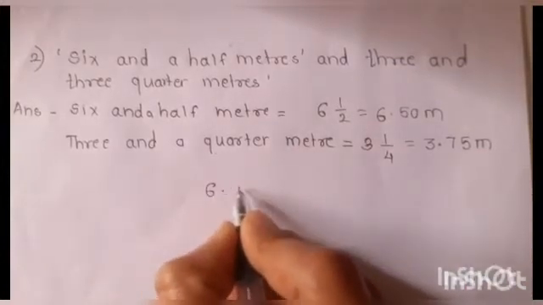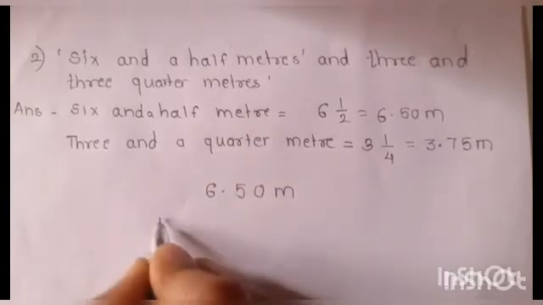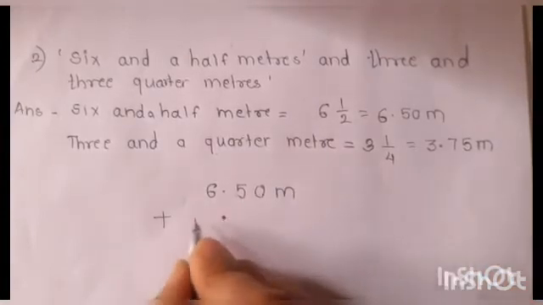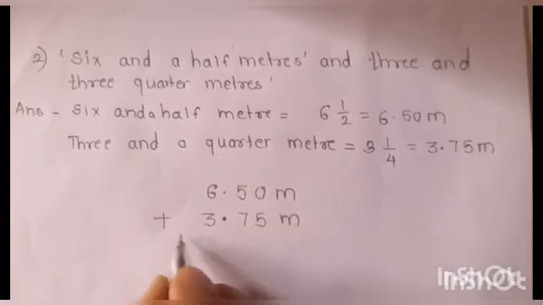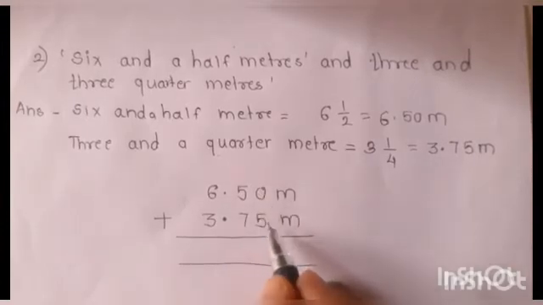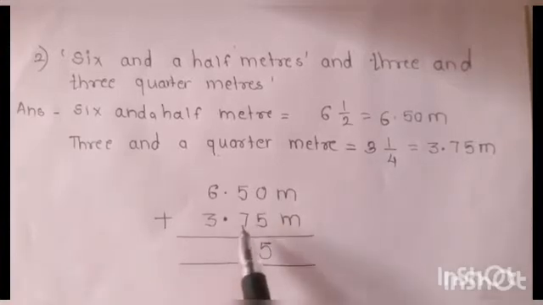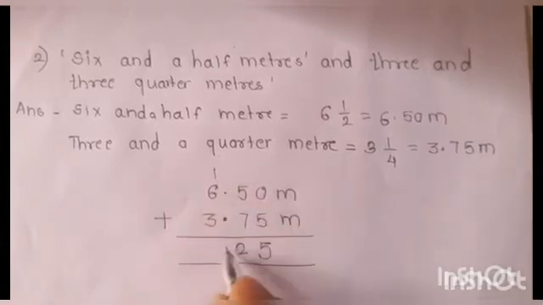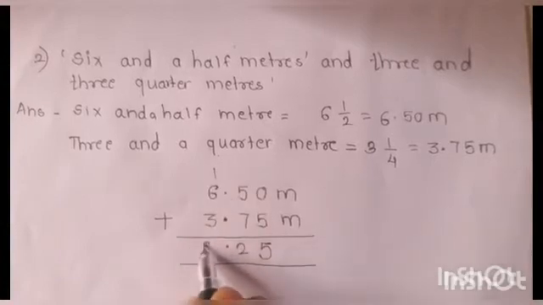Now you will add these two. So how will we do it? 6.50 meter plus 3.75 meter. Now keep the point under point. Now you will do the simple addition. 5, 12, 2 here, carry 1, point under point, 9 plus 1, 10.